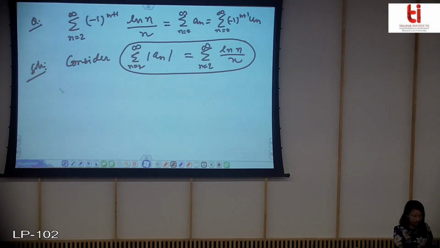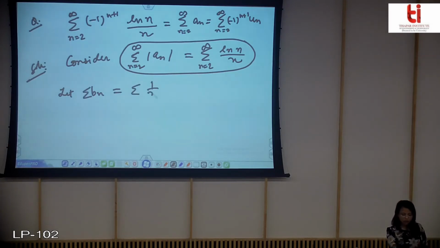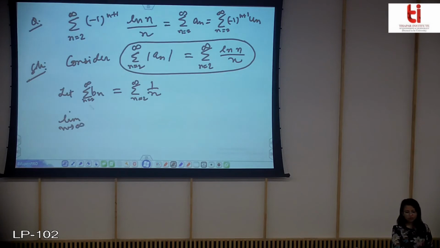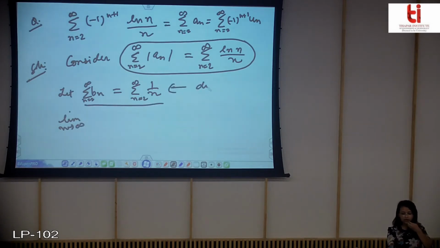So for this I'll let summation of b_n be equal to 1 by n. So you know how to apply limit comparison test. You choose this, and this is divergent. You already know that this is a divergent p-series with p equal to 1.